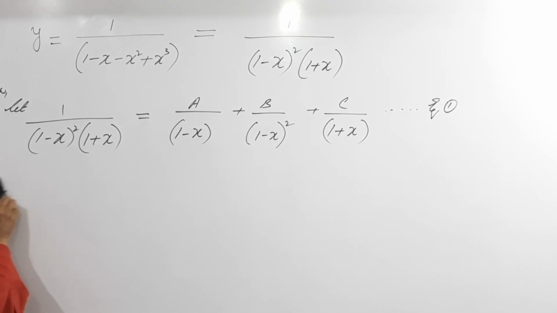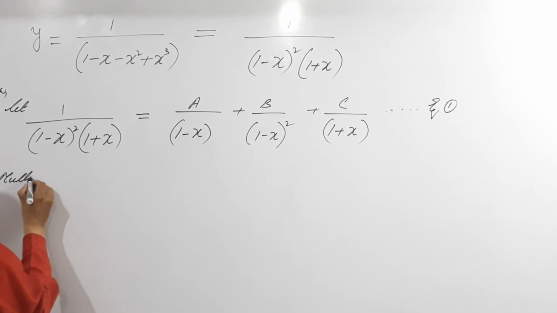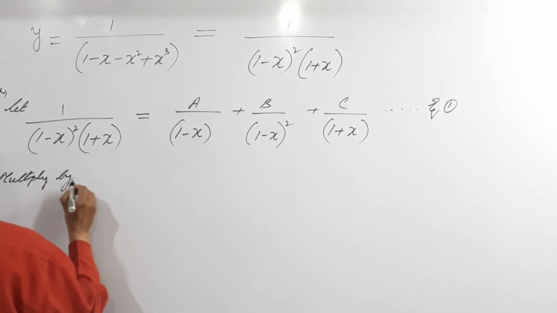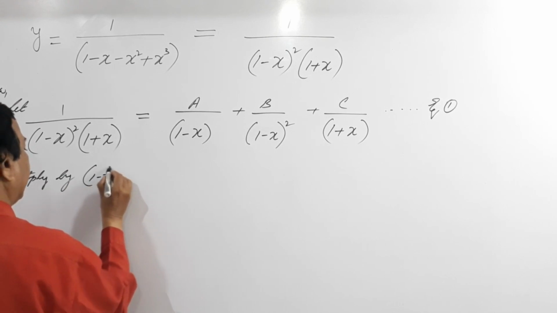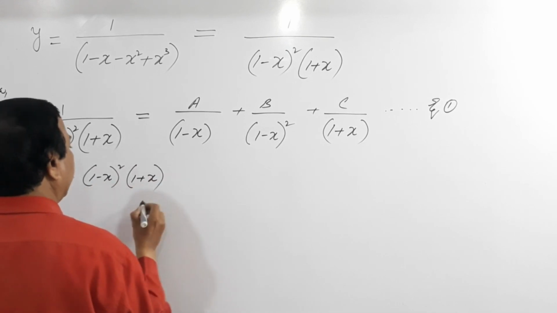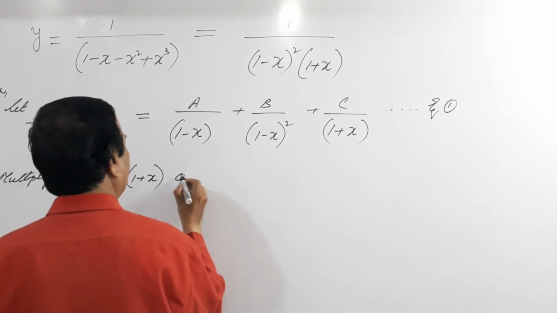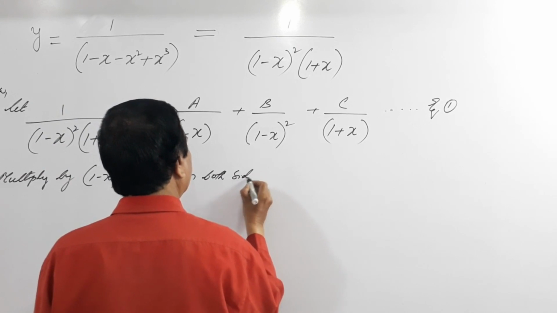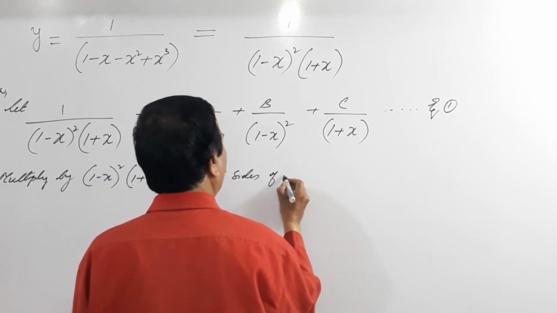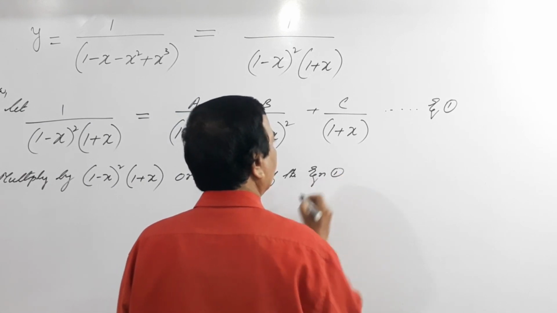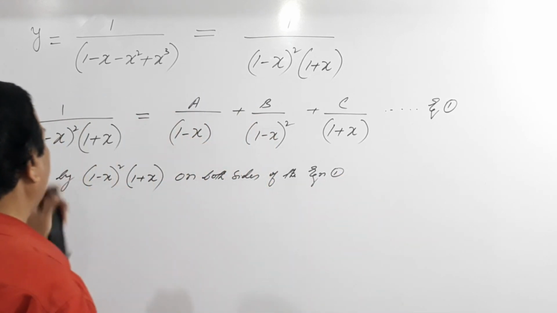I write here: multiply by 1 minus x the whole square into 1 plus x on both sides of the equation 1.